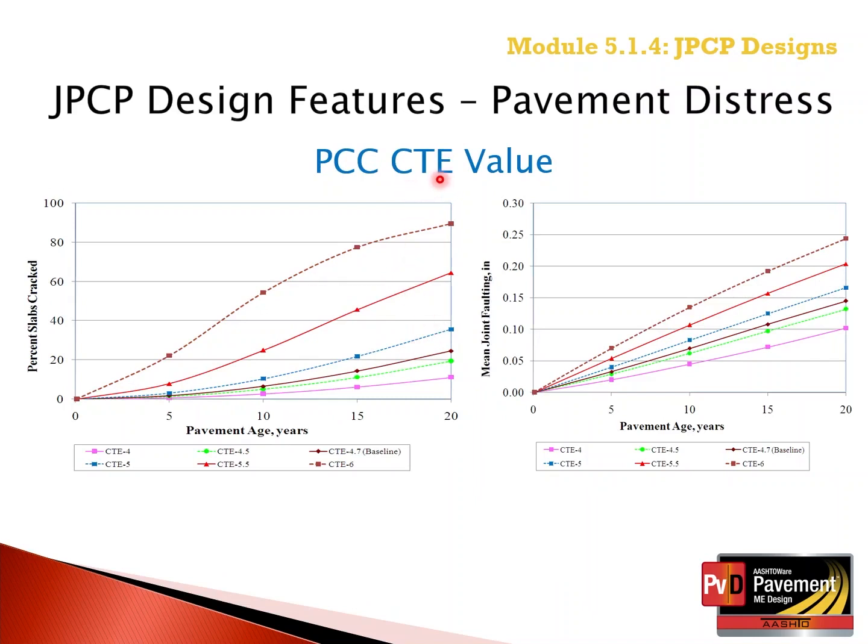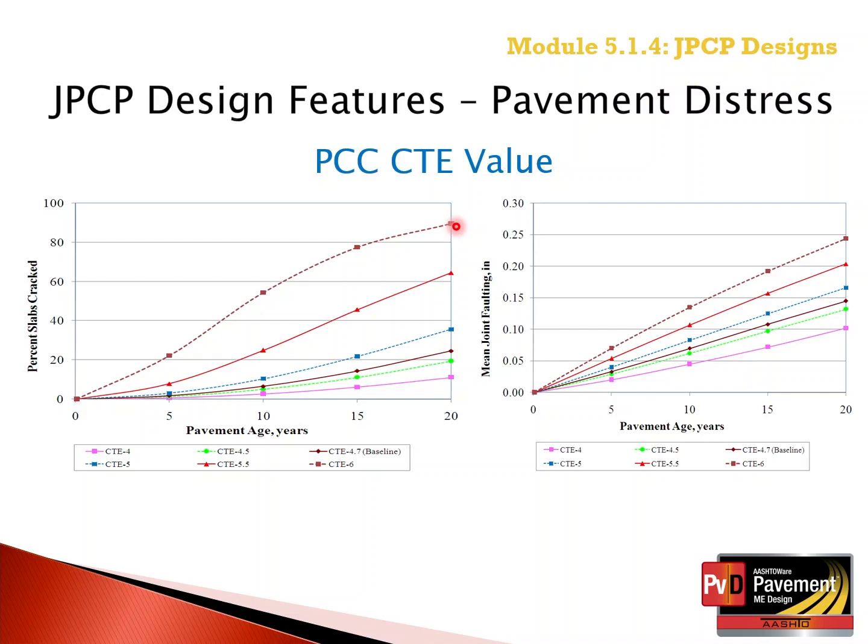The coefficient of thermal expansion. This input variable, coefficient of thermal expansion, is normally not controllable by the designer, especially in areas where limited types of aggregates are available locally. However, lower CTE values reduce the curling and warping of the concrete slab, thus resulting in lower thermal movements.